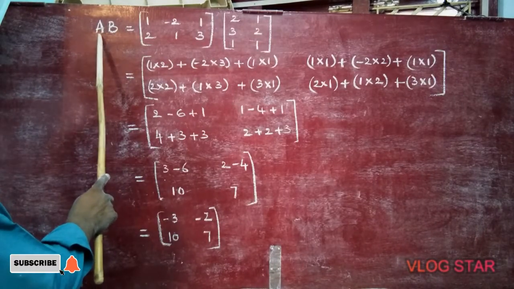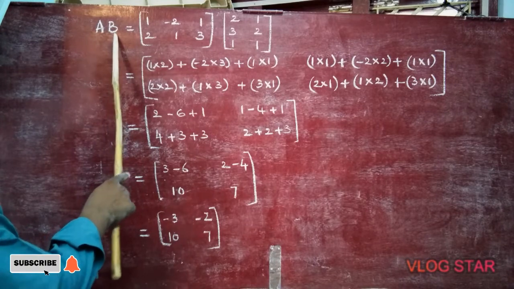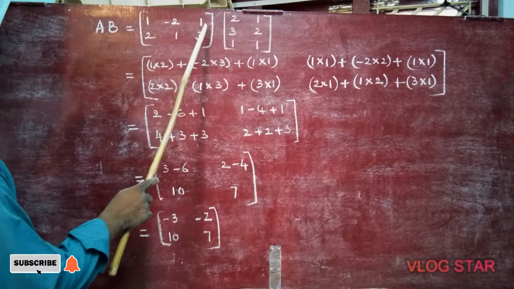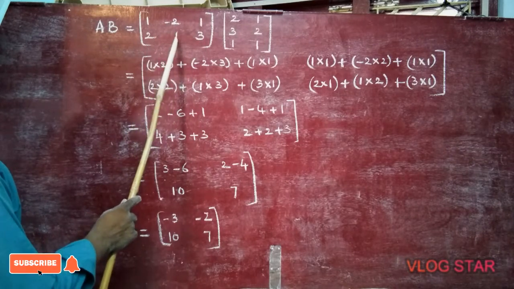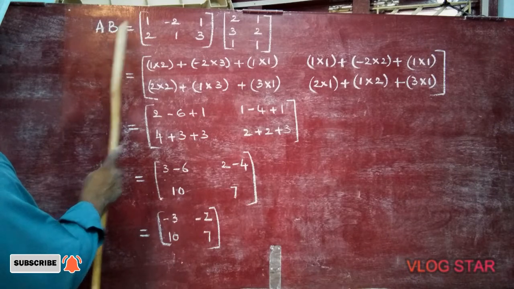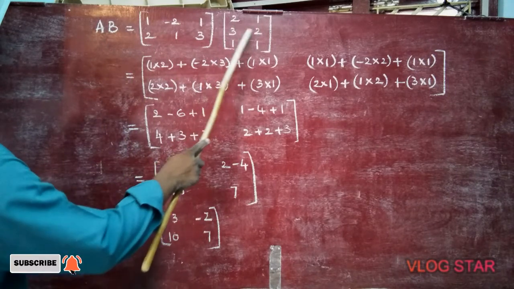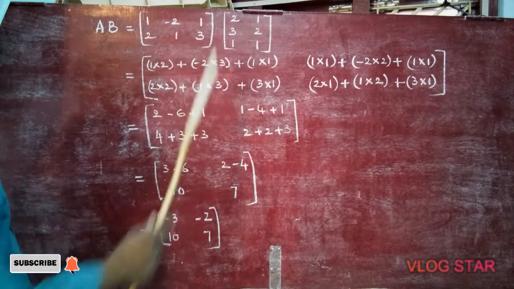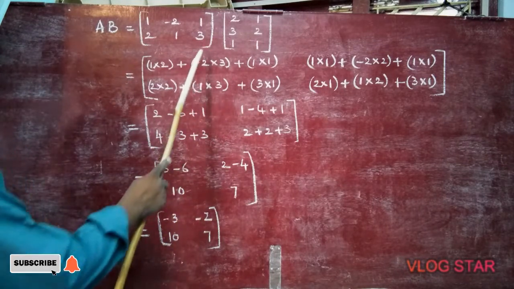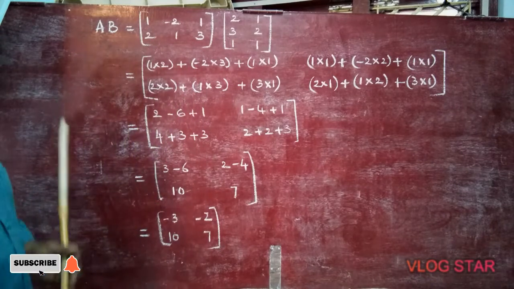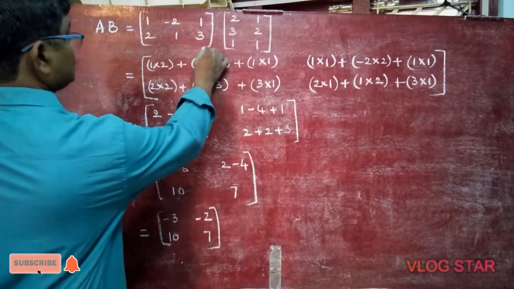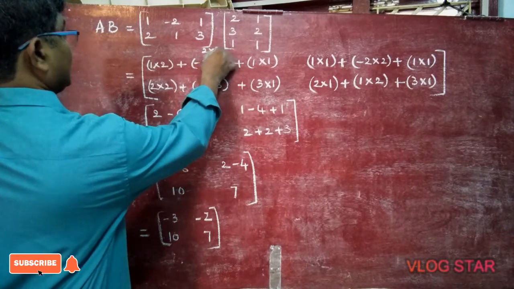Multiplication AB. AB means A into B. What is matrix A? 1, -2, 1, 2, 1, 3. What is matrix B? 2, 1, 3, 2, 1, 1. Before, I told you we have checked whether it is possible or not. First matrix, this is 2 rows 3 columns.